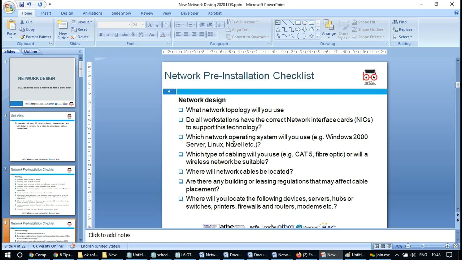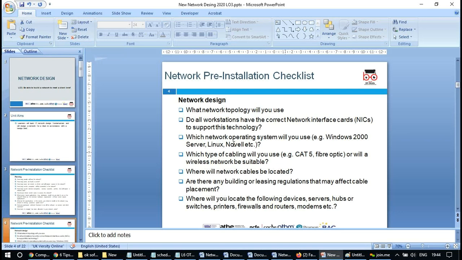If it is 100 megabits per second, then should they be 1 gigabit per second, isn't it? And then network operating systems. Which network operating system you would be relying on, which cabling you would be relying on. Whether it should be normal category 5 or fiber optic, whichever suits your network.